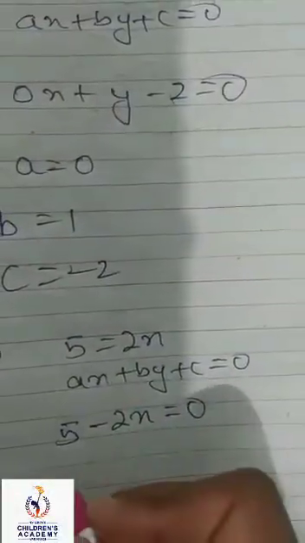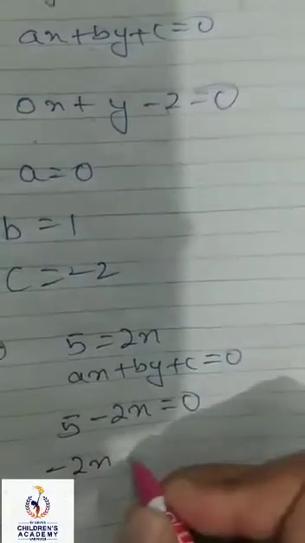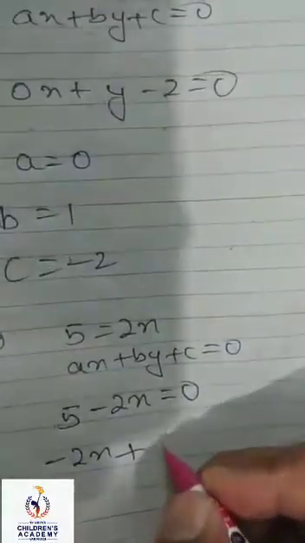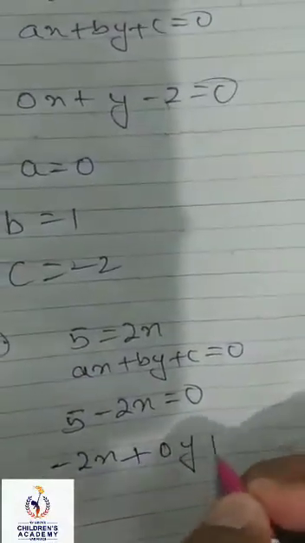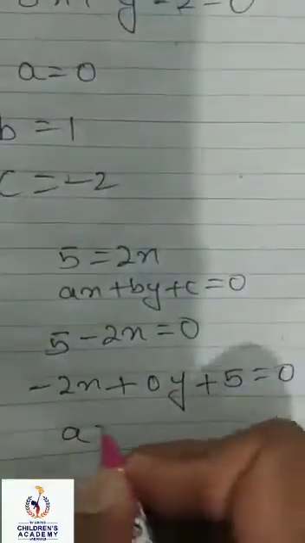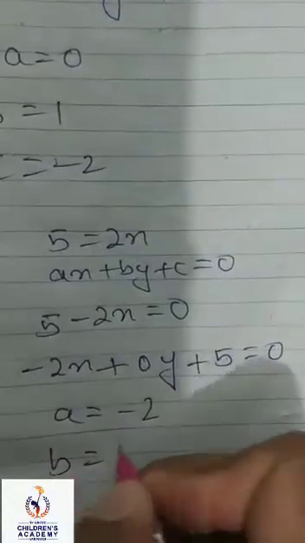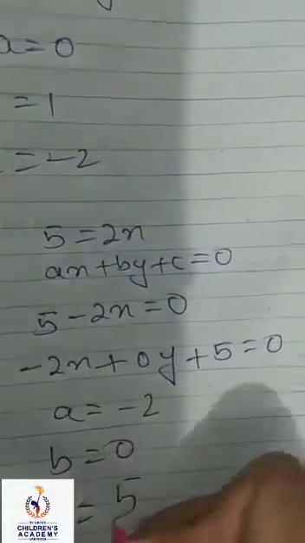Now when we write this in ax plus by form, minus 2x plus 0y plus 5 is equal to 0. So here a will be minus 2, b will be 0 and c will be 5.